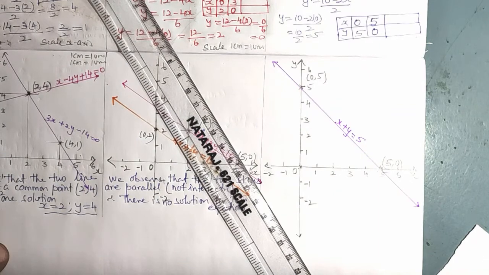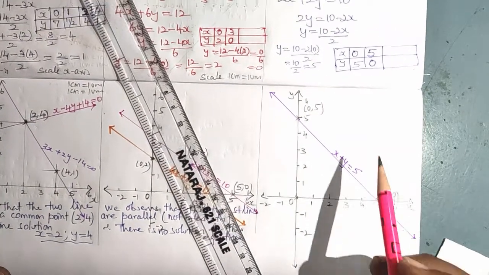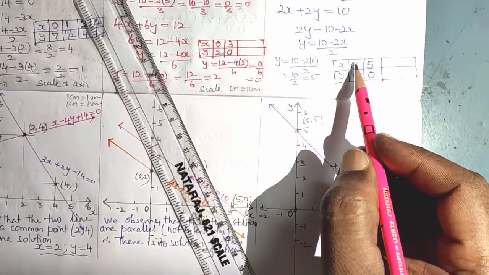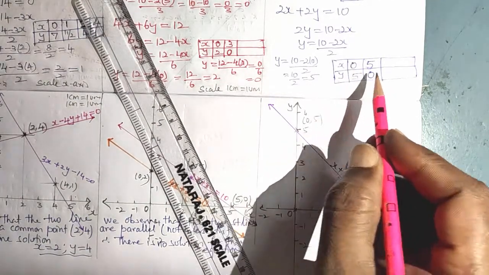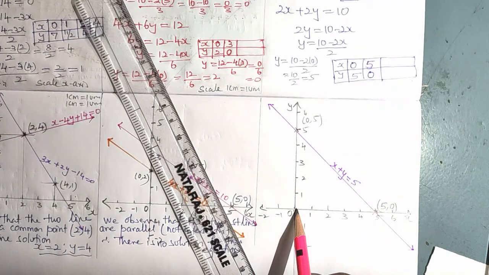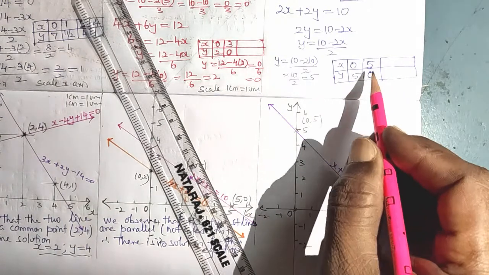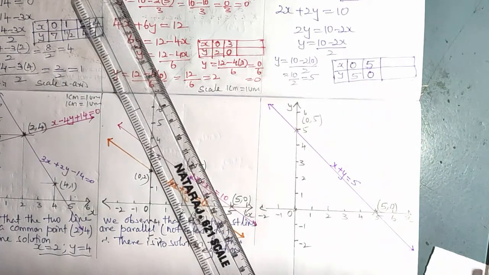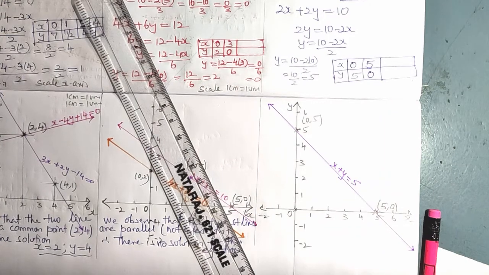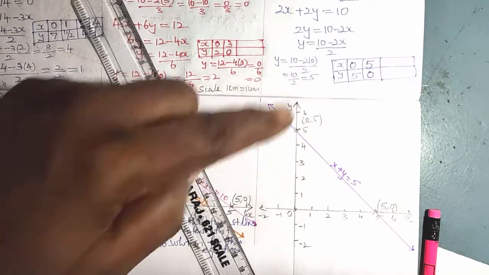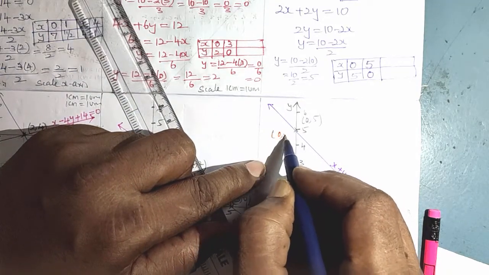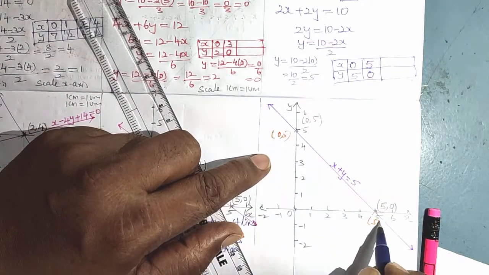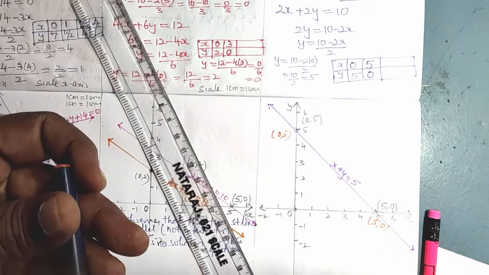Now I will plot the other values also here. In this equation also, for x equal to 0, what is the y value? 5. And for x equal to 5, what is the y value? 0. For your understanding, I have plotted these values in pink color. These values for the other equation are 0, 5 again and 5, 0.